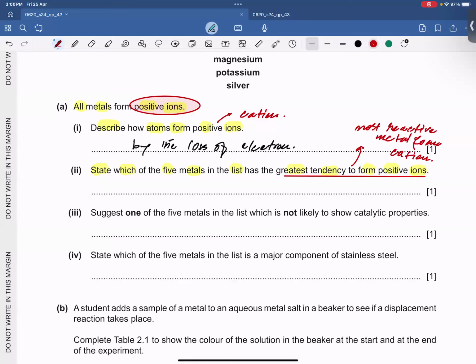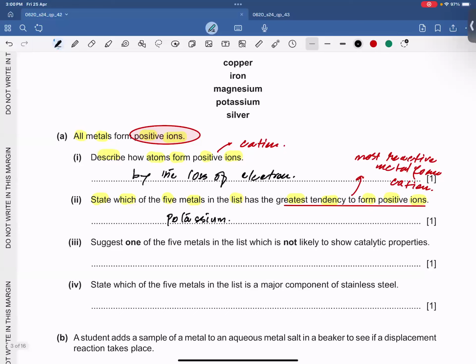So I believe potassium would be the right answer, because potassium is the most reactive metal. Let me show you the most reactive metal. So potassium is most reactive.